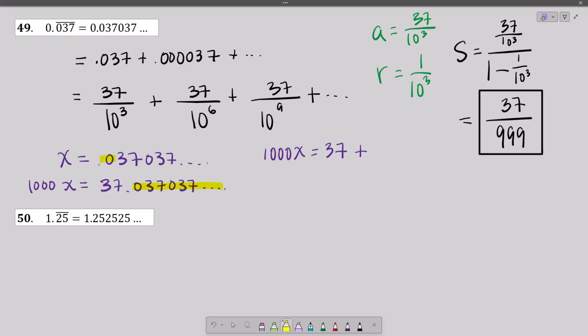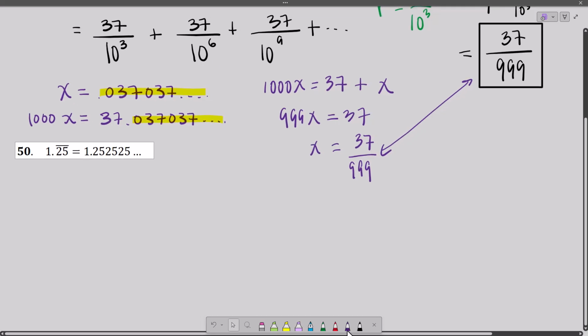This part right here is that part right there. That's X. Then we subtract X to the other side, and we get the same exact number, of course. So that's the algebra way. The calculus way is a little more elegant, using your geometric series prowess.